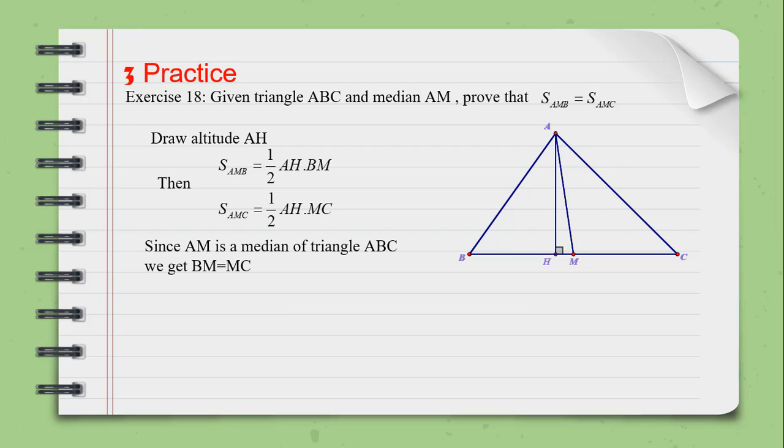Notice here that AM is a median, so BM is equal to MC. Since BM is equal to MC, we get 1/2 of AH times BM is equal to 1/2 of AH times MC. So the area of triangle AMB is equal to the area of triangle AMC.